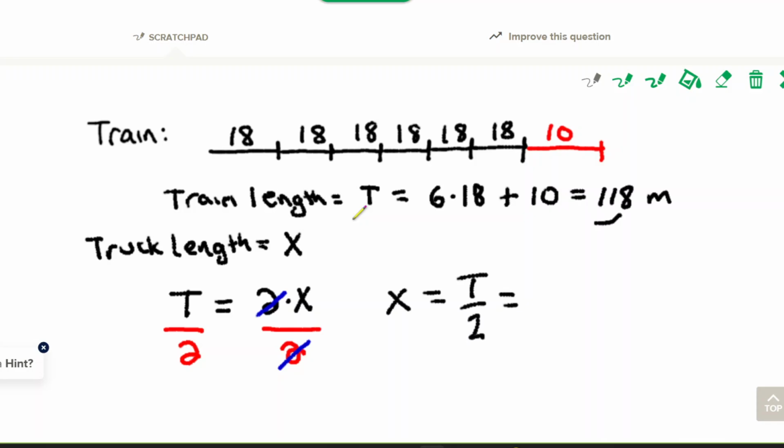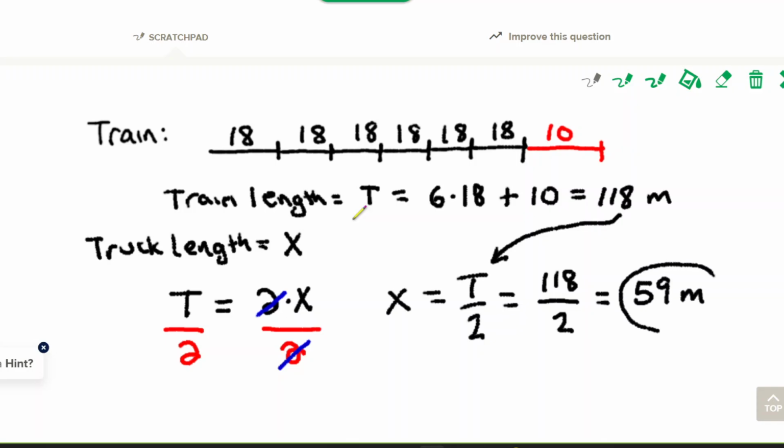And we know T, the length of the train that was given to us: 6 times 18 plus 10. So 118 there. I'm replacing T with 118, and then this is getting divided by 2, getting cut in half. And 118 divided by 2 is 59.